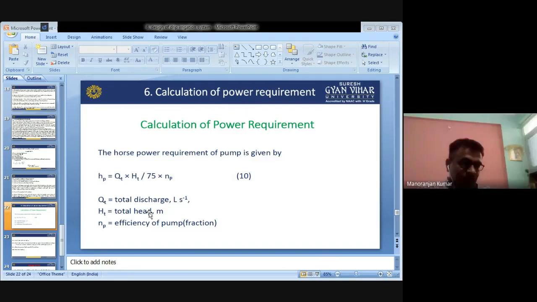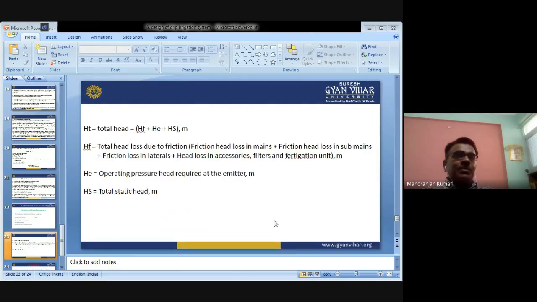Okay, and here NP is the efficiency of the pump. Okay, so in this way you can calculate the horsepower. Here HT, total head.